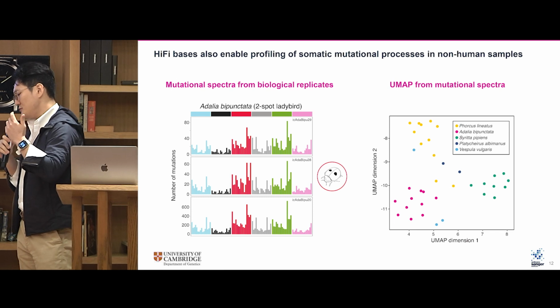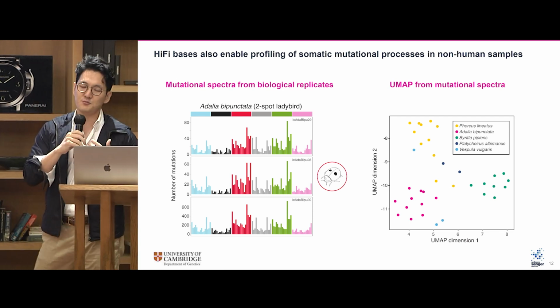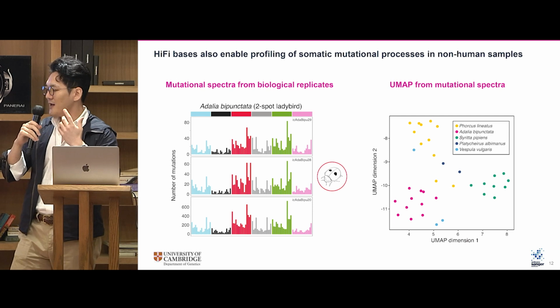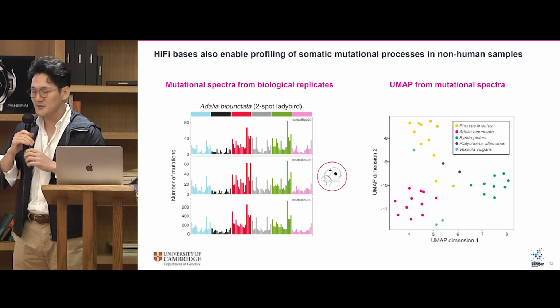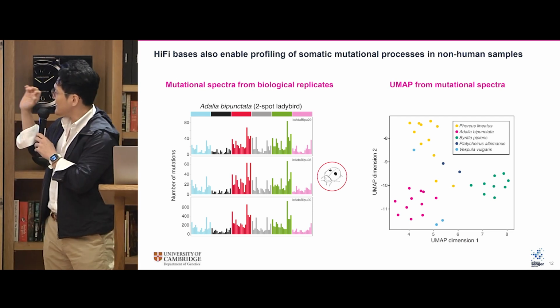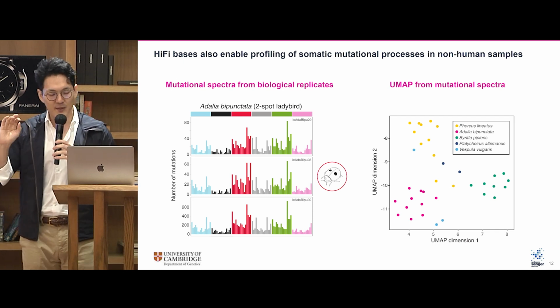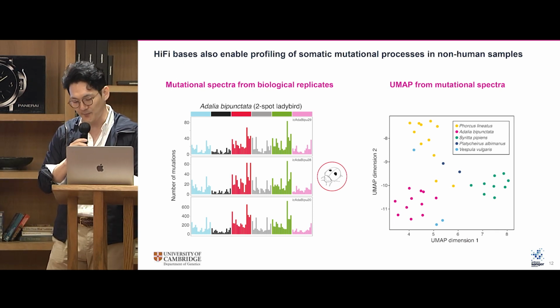And then if you do a UMAP clustering of these mutational spectra across samples where multiple samples of a species were sequenced, we can see that these samples cluster very, very nicely away from each other depending on the mutational spectra that they have.